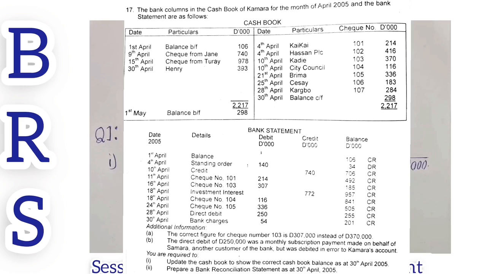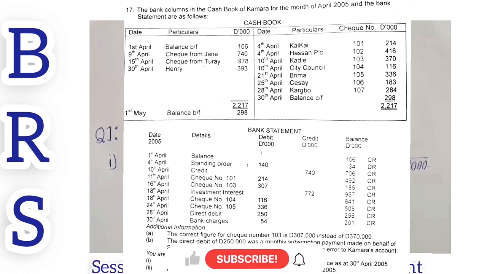Since it is at the debit side of the bank statement, in our updated cash book it is going to be found at the credit side. We have discussed all these as omissions, the errors that the customer couldn't record because, as at the time the bank statement was received, he wasn't aware of them. So standing order is one of them.